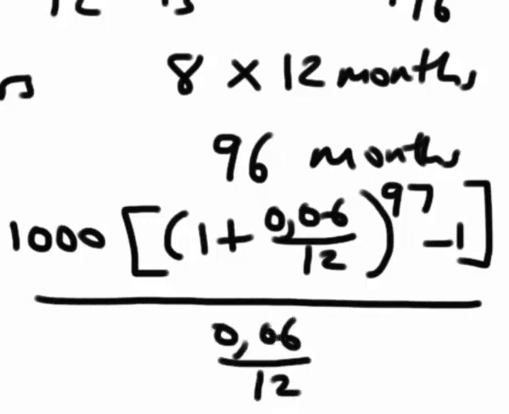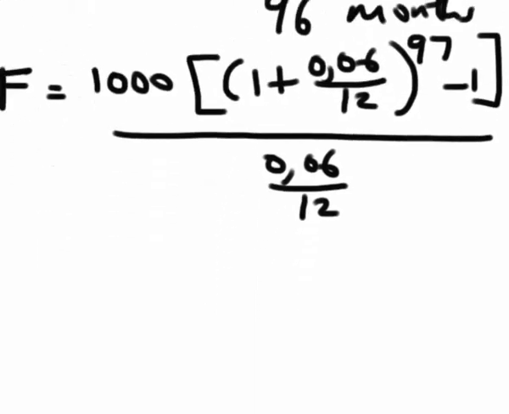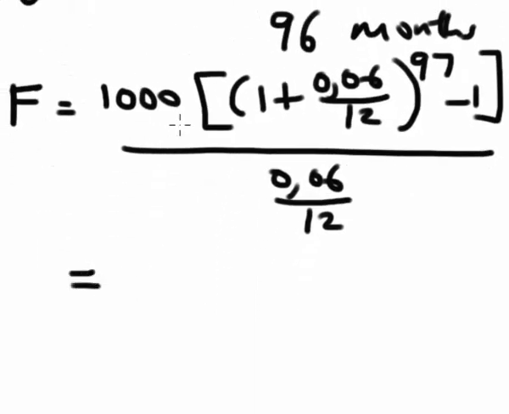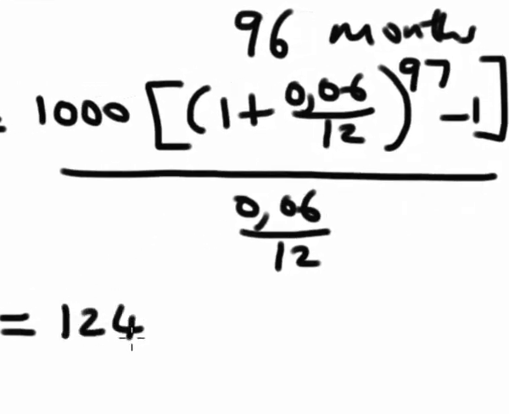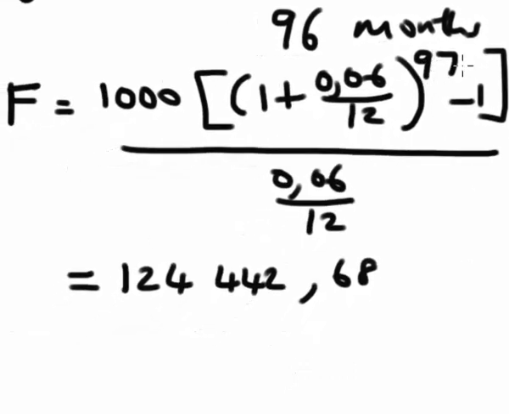Now the task is left to you. I want you to take your calculator and see if you can work this out. 1,000 into all of this, you plug it in exactly the way I've done, and you should get 124,442.68 rand.